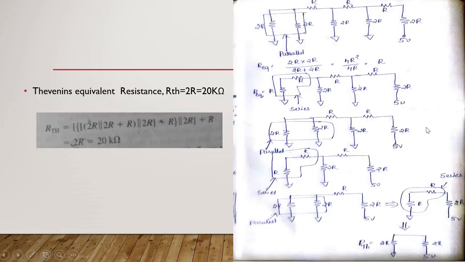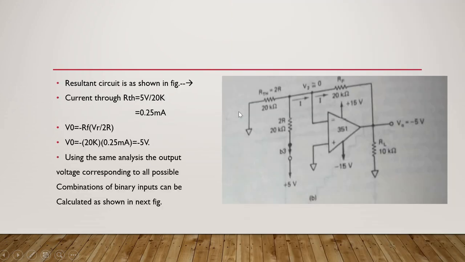You need to show how you will get the equivalent resistance, Thevenin's resistance value as 2R, and then how you calculate the current through this 2R using the voltage divider rule. You can calculate the current through this RTH. Then the same current flows through your feedback resistor, and the output voltage across the feedback resistor is nothing but the output voltage of your R2R ladder network.